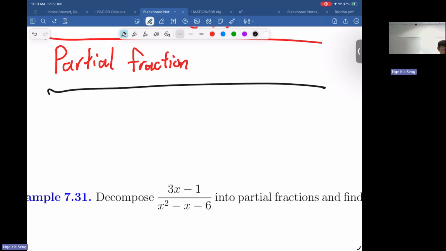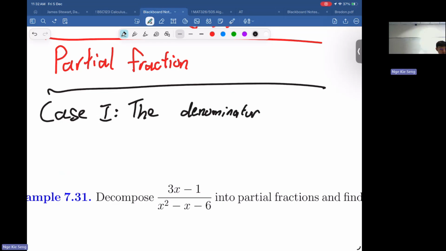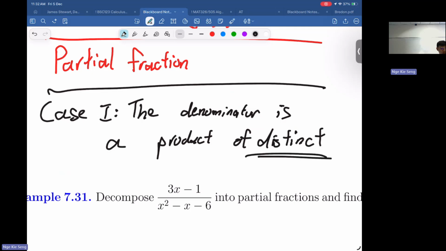So here is case 1. What does case 1 mean? The denominator is a product of distinct, very important, this word distinct. It must be distinct linear factors.